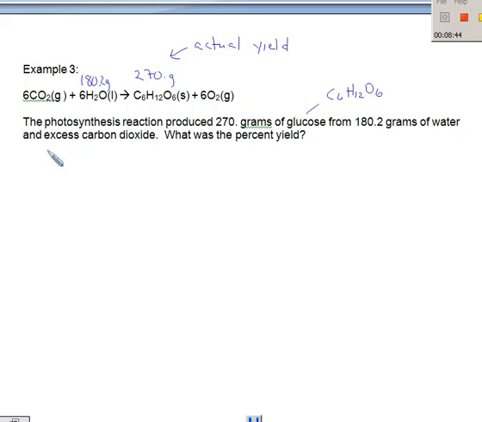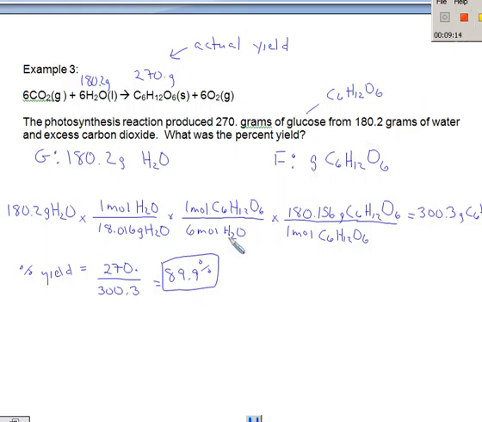So in this case, your given is 180.2 grams of water, and your find for the theoretical yield is going to be the grams of C6H12O6. Pause here, solve the problem, then check your answer.